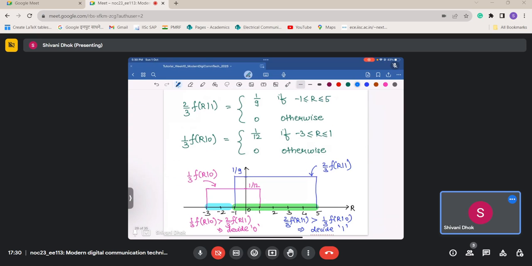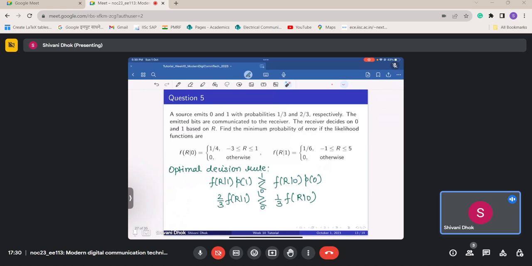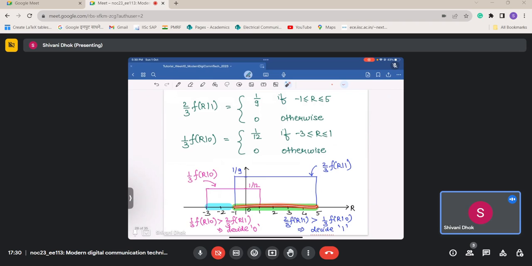Now let us see the region of -1 to 5. In this, the only overlap is the region from -1 to 1, and in this region f of r given 0 is equal to 3 times 1 by 12, that is 1 by 4.